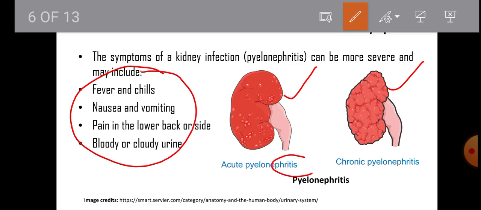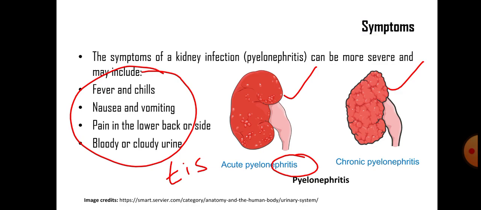Nephritis is a common term used in the medical sciences to refer to inflammation. So in nephritis, the nephron becomes inflamed, right? To mention that, they are using this technical term.